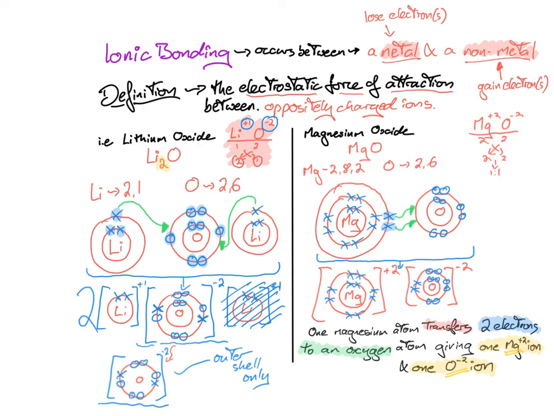I'm going to talk you quickly through the same deal with the lithium oxide one on the left, but I'm not going to write it in because it might be a good idea for you to write it down for yourself. So let's just have a look. This time we have 2 lithium atoms, each of which transfers 1 electron.